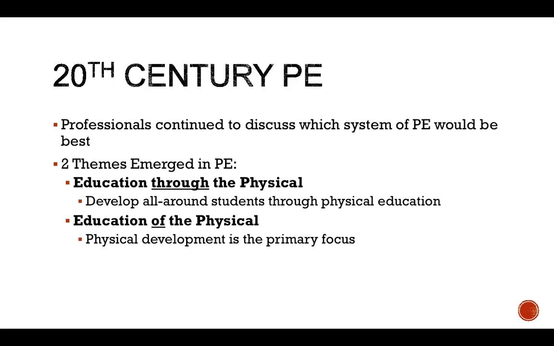So the two themes that emerged in physical education were education through the physical, which was to develop the all-around student through physical education. And then the second theme was education of the physical. So physical development is the primary focus in this theme. Both of these philosophies vied for advocates and influenced school physical education and sport curricula.